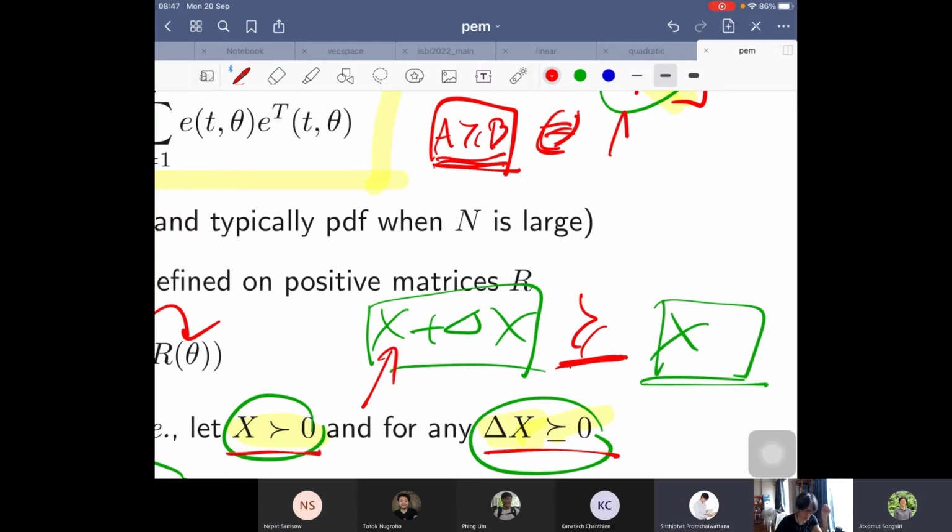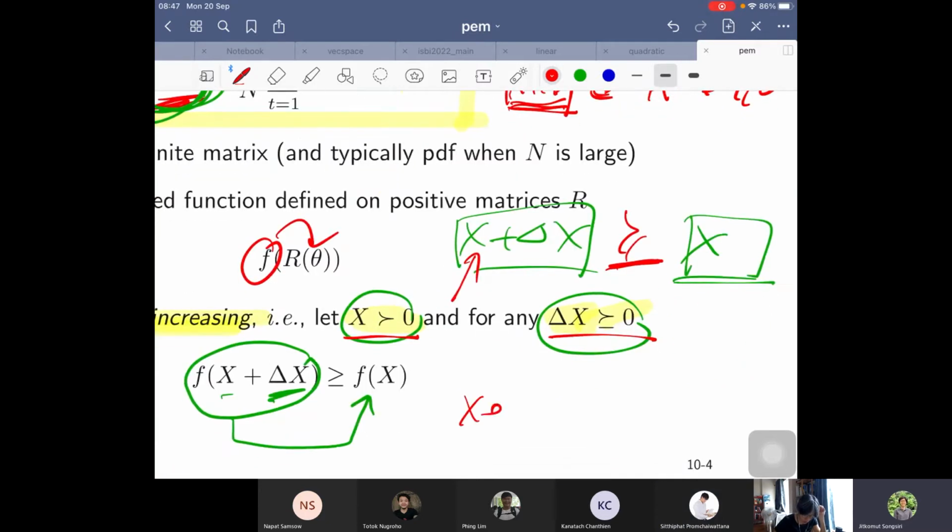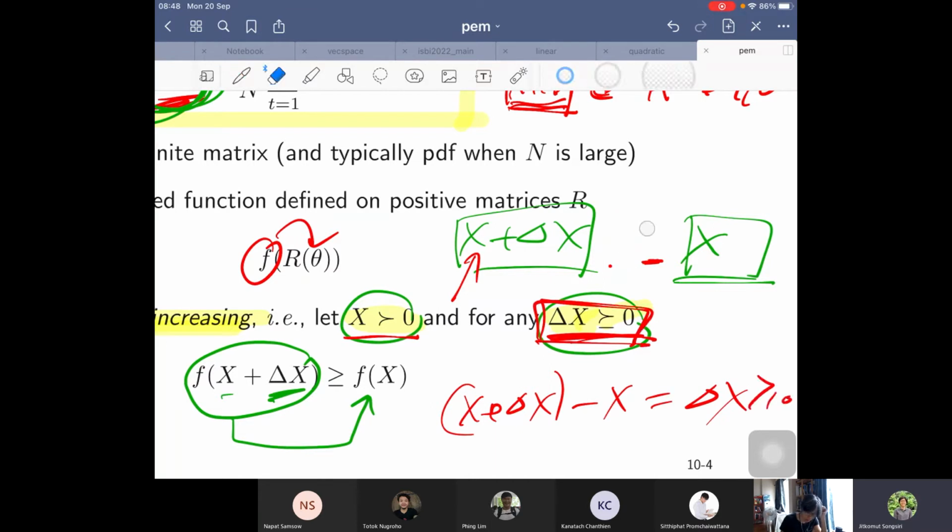A minus B. Yes, A minus B is positive semi-definite. If the difference of two matrices is positive semi-definite, and obviously X plus delta X minus X is of course delta X, which I specified must be non-negative, then when you compare X plus delta X and X, it is always greater than or equal to X.